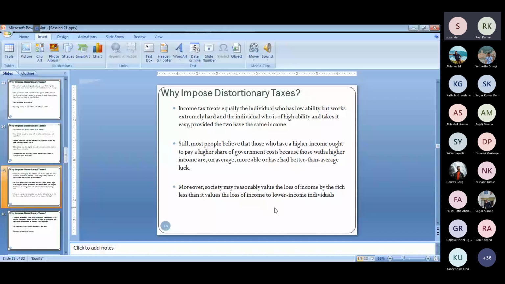Because the loss of income of the rich is, in general, of less weight than the loss of income of the low income individuals, because of some sense of equity that every society instills in individuals. And that is why, instead of lump sum taxation, it is far better to go for some progressive taxation on either income or consumption, right?